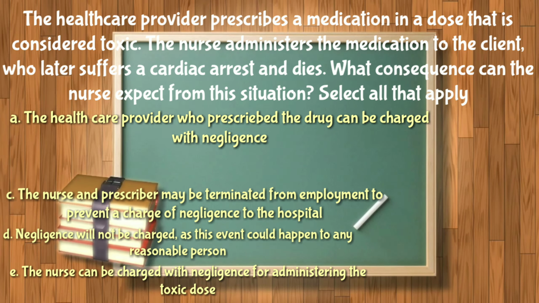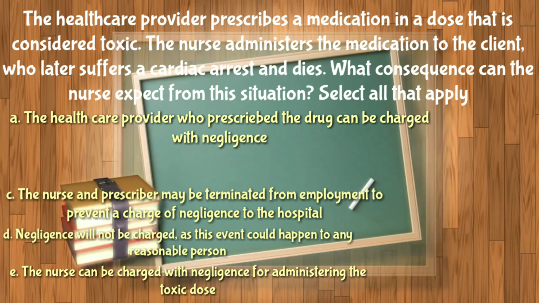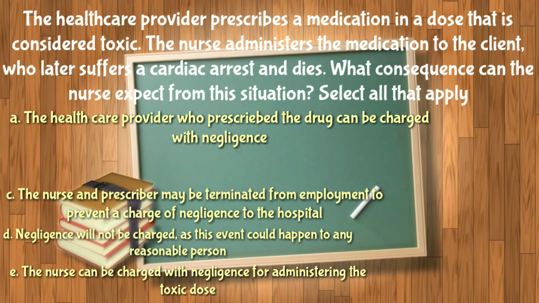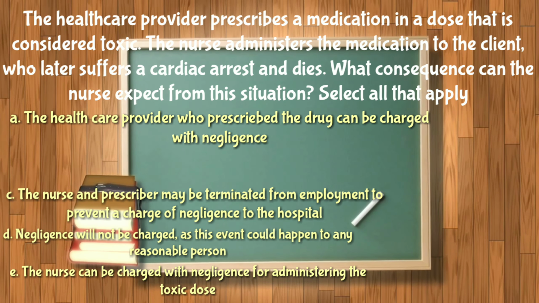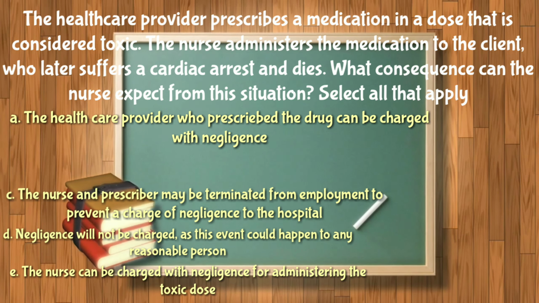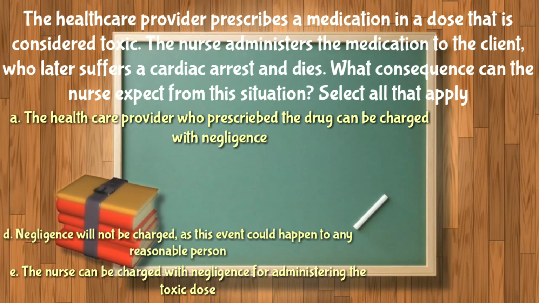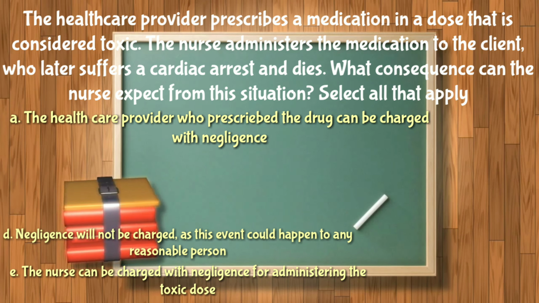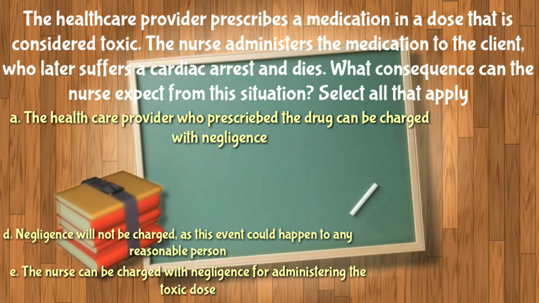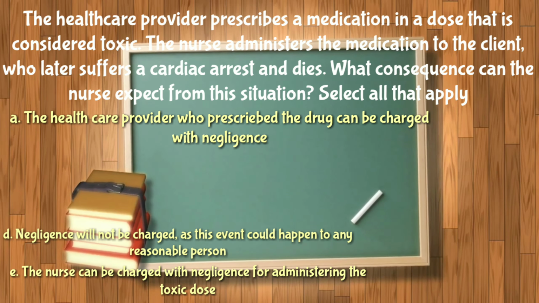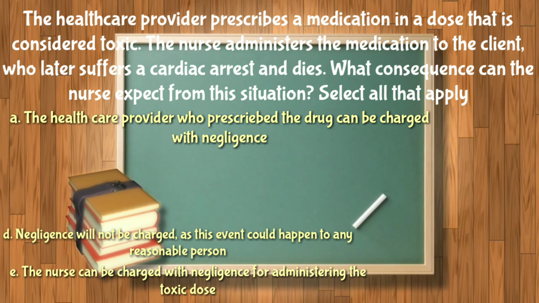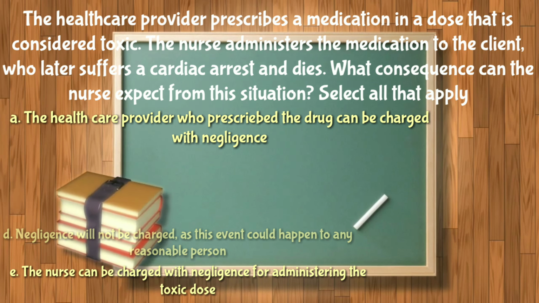Terminating the healthcare provider and nurse from employment would not stop a lawsuit charging negligence for employee actions that have already taken place. So letter C is eliminated. Prescribing and administering incorrect doses are not considered events that routinely happen to a reasonable person. So letter D is eliminated.